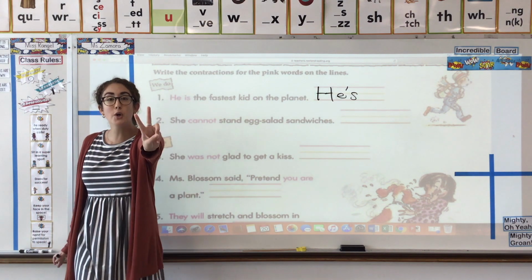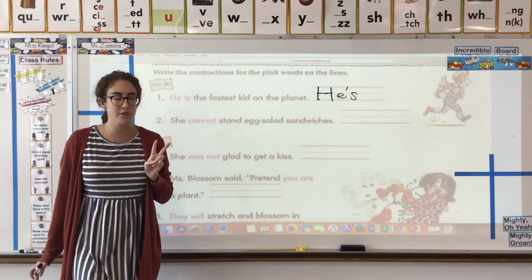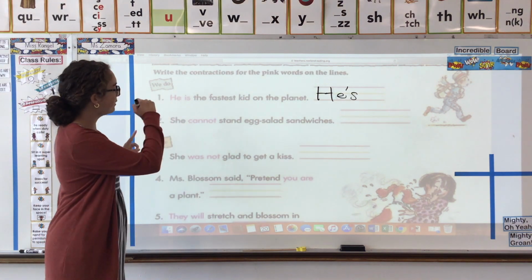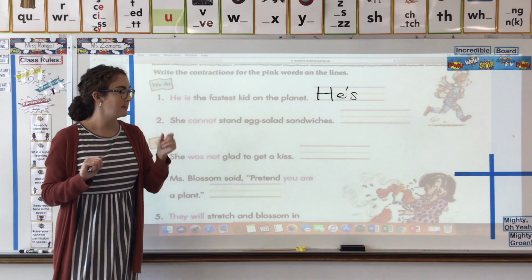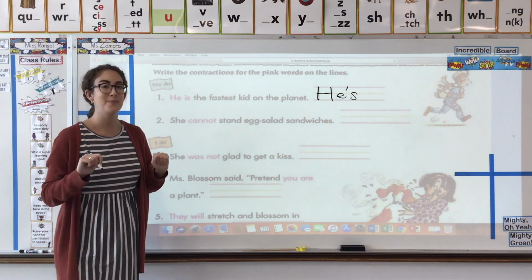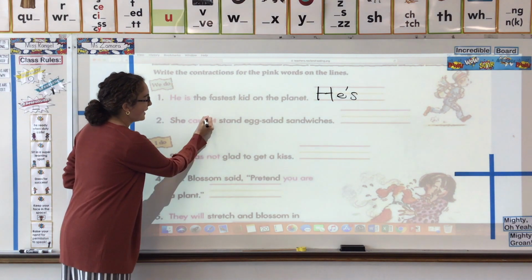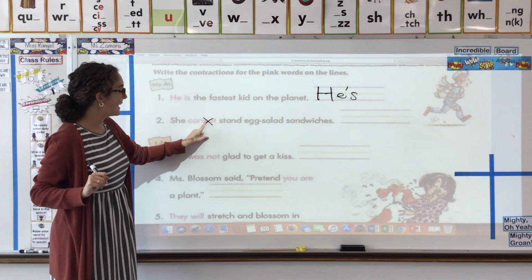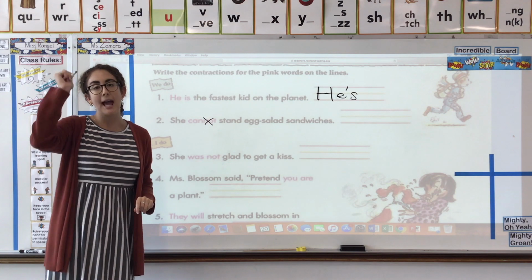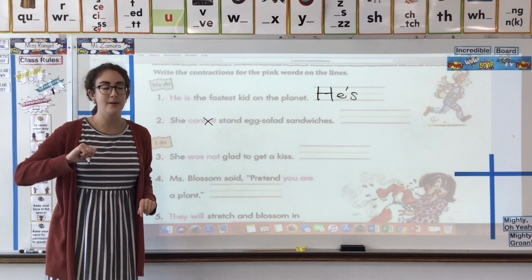There's going to be two letters that are replaced with an apostrophe. Can you cross out what two letters are going to be replaced with an apostrophe in cannot? The N and the O are going to be replaced. That second N and the O. An apostrophe will go there instead.